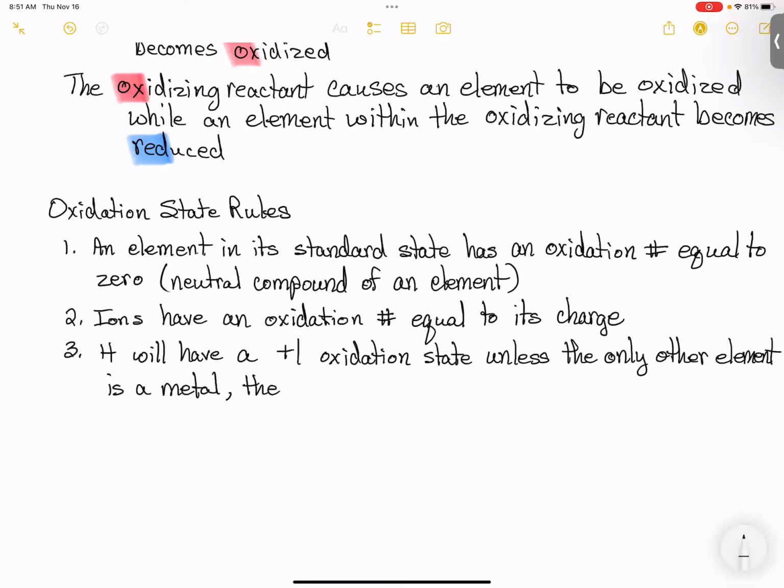Then hydrogen's oxidation state will be a -1.